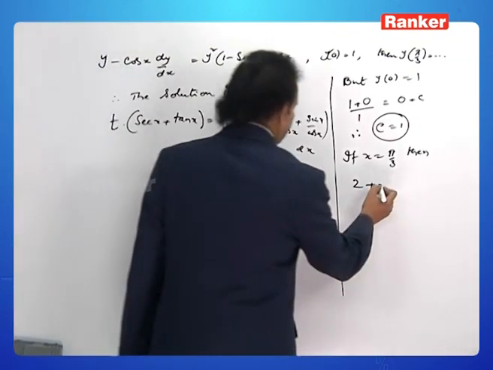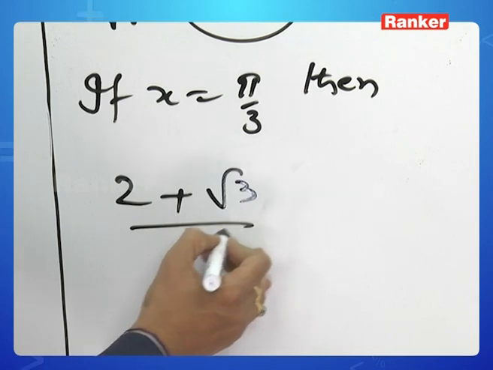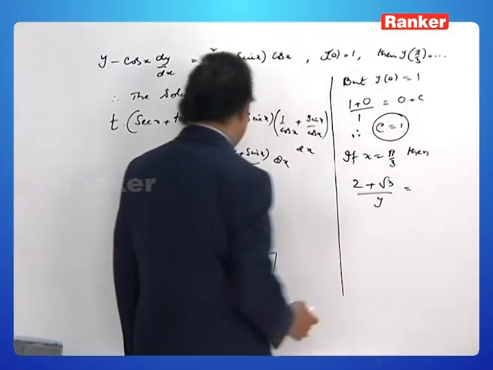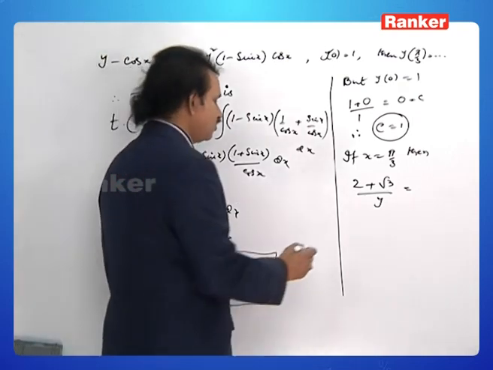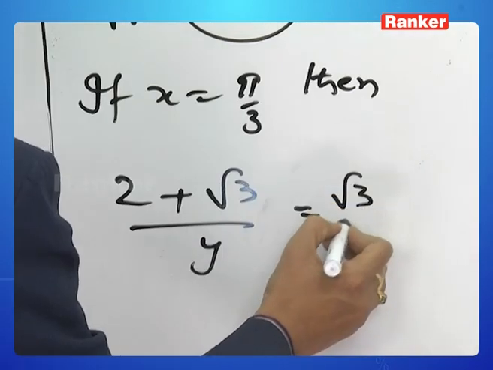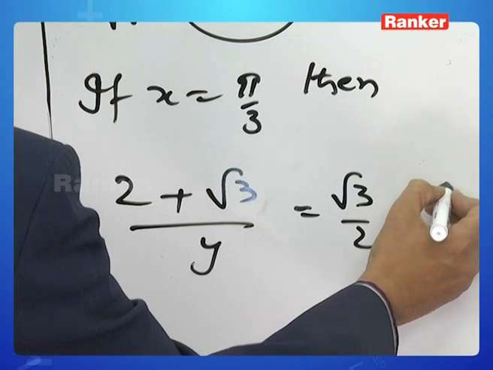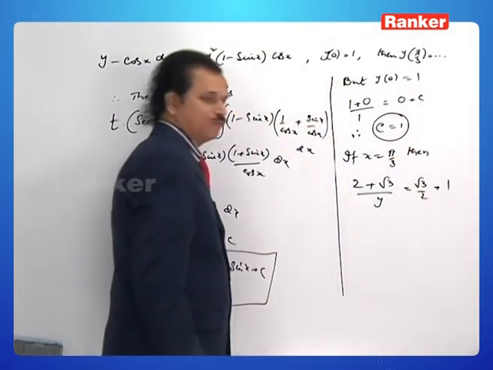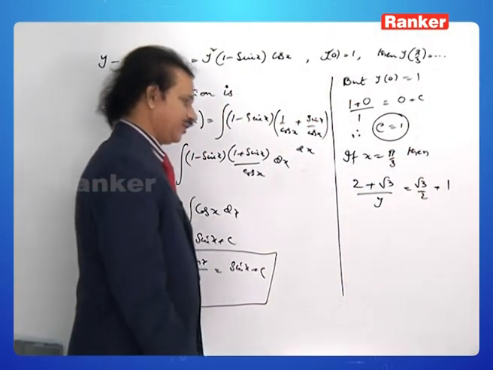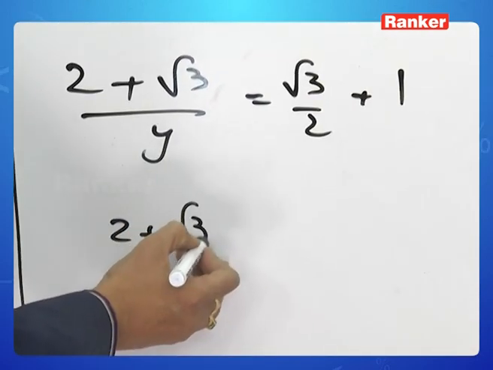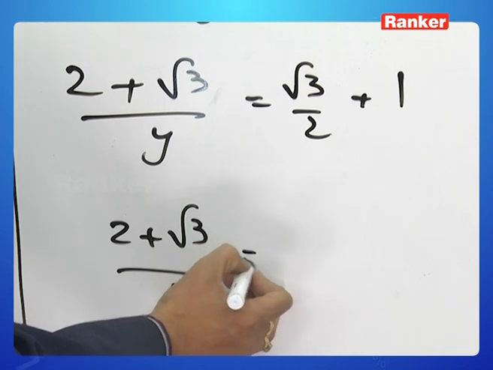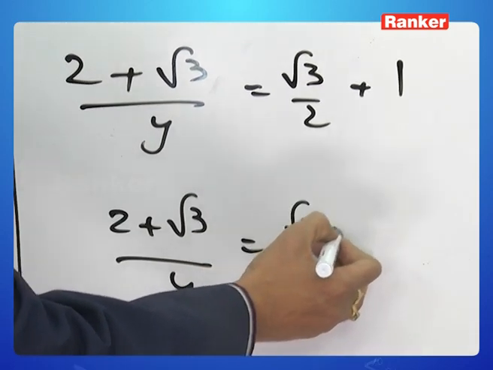Root 3. 2 plus root 3 by y is equal to, what is sin x? Sin pi by 3 is root 3 by 2 plus c. What is c? We calculated it to be 1, isn't it? Okay, this is equal to 2 plus root 3 by y is equal to root 3 plus 2 by 2.